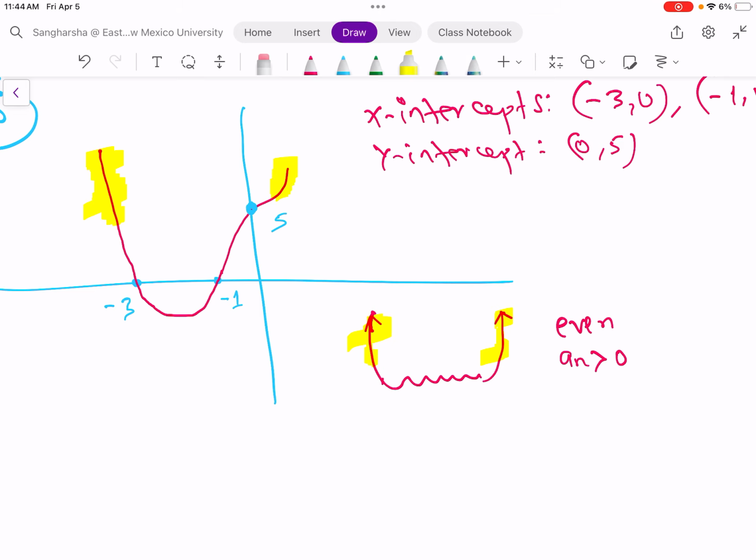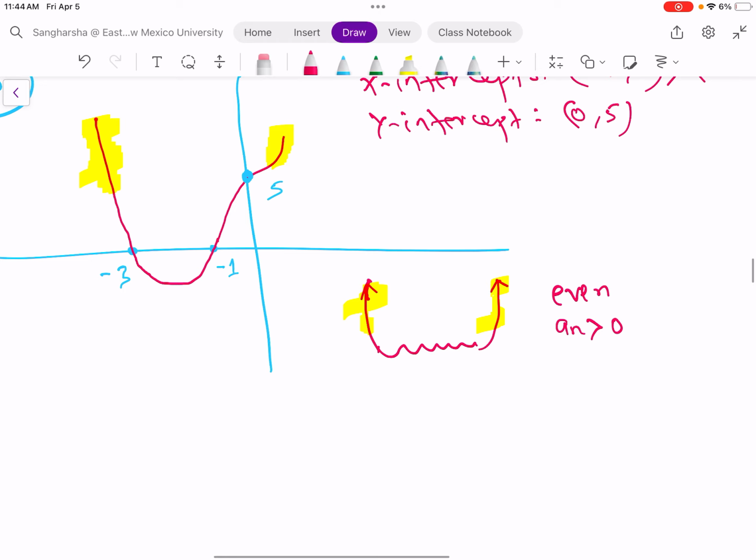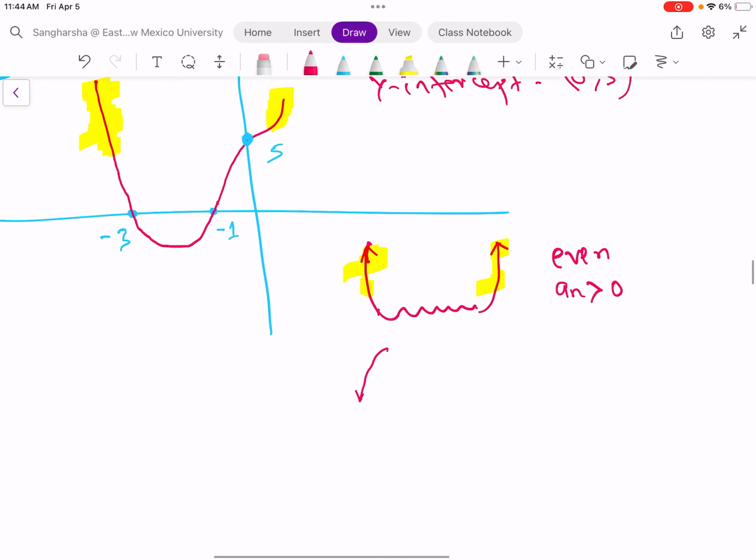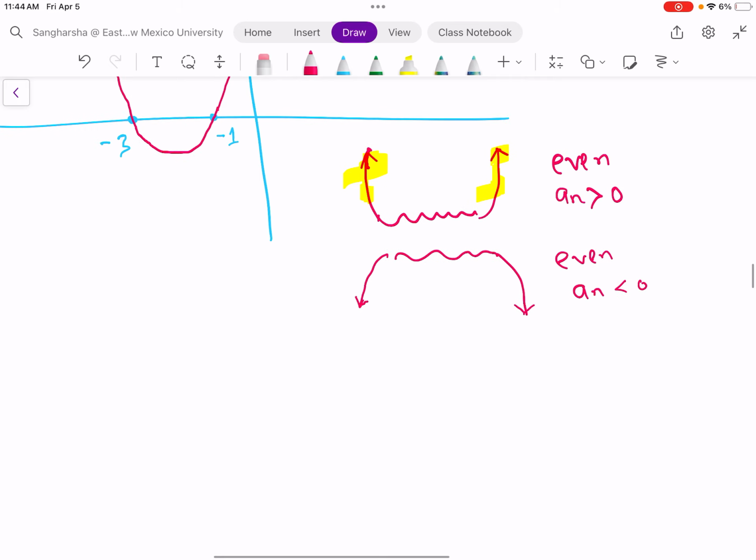Similarly, if we have a graph like this on the left side and this part of a graph on the right side, the degree is still even, but the coefficient of the leading term is less than 0. And if you have a graph something like this one, what is the degree?